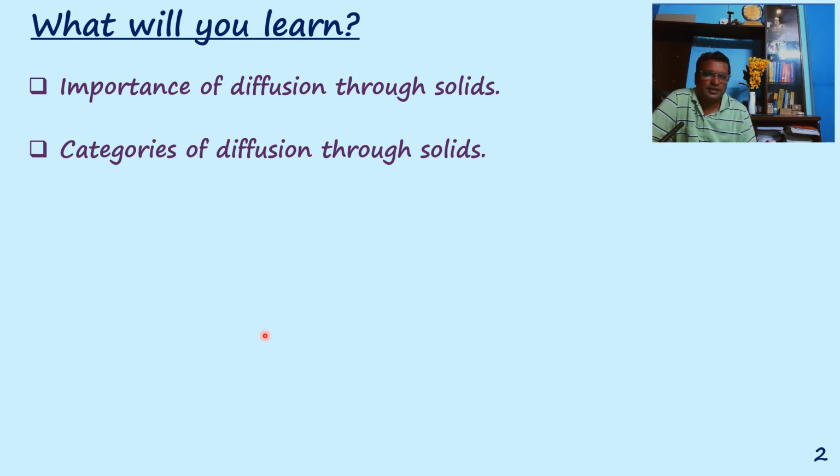In the first category, we have diffusion that follows Fick's law, or diffusion that occurs according to Fick's law. And in the second category, you have that diffusion which does not follow Fick's law. While discussing molecular diffusion in fluids, I have talked about Fick's first law for molecular diffusion.